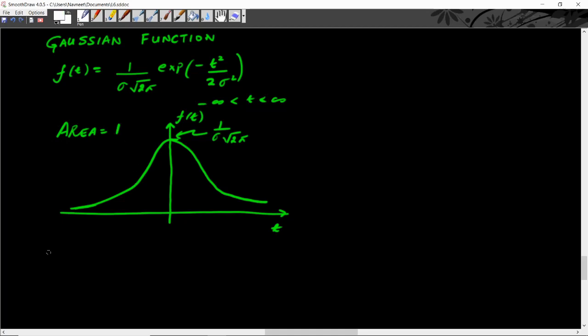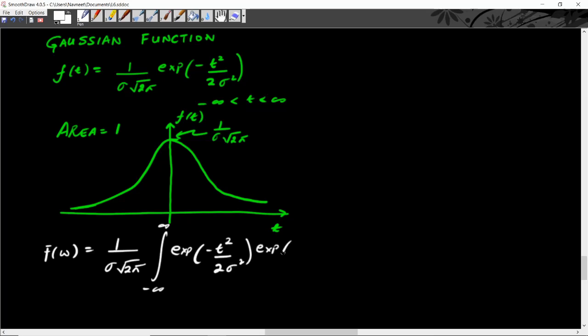The Fourier transform for this function is given by this integral.